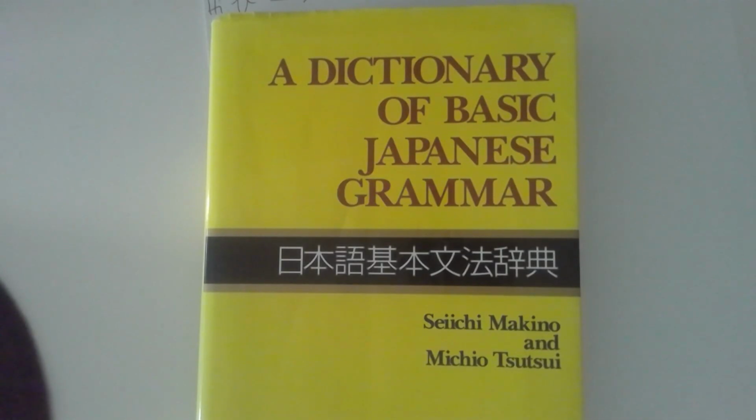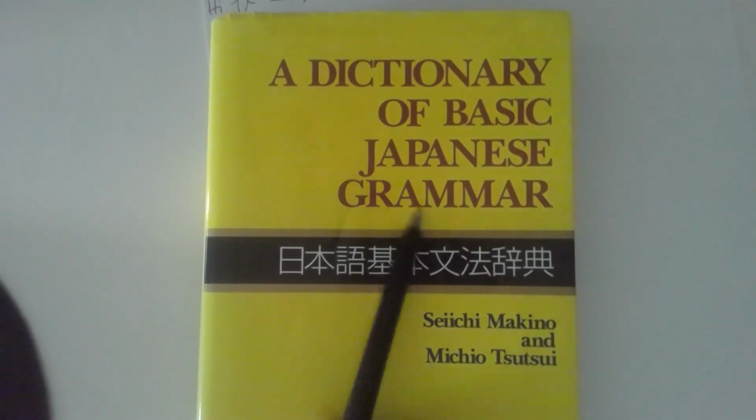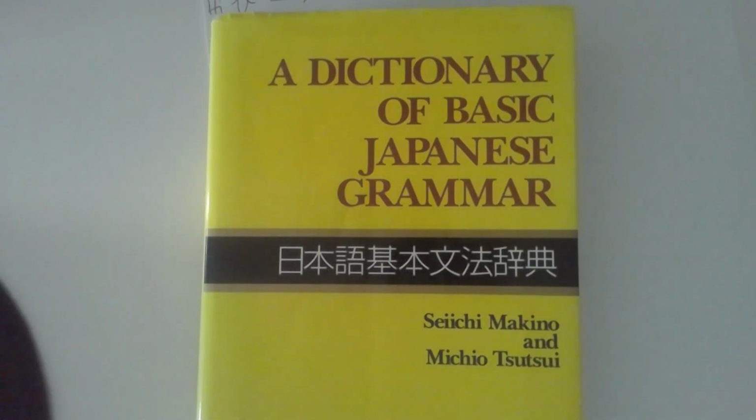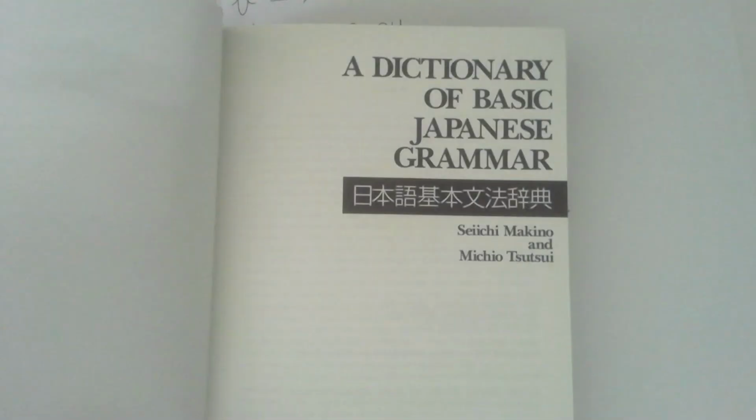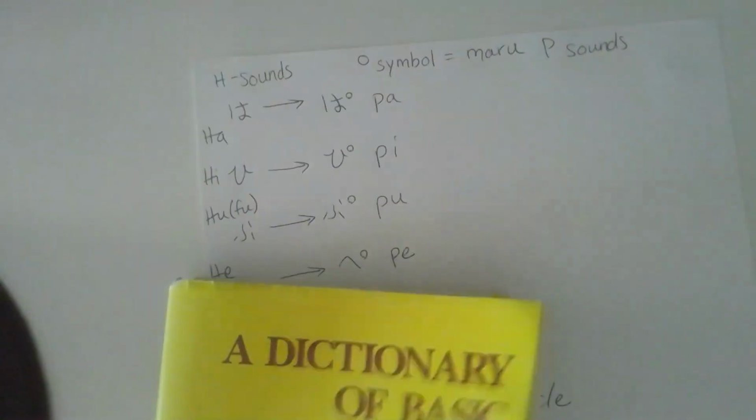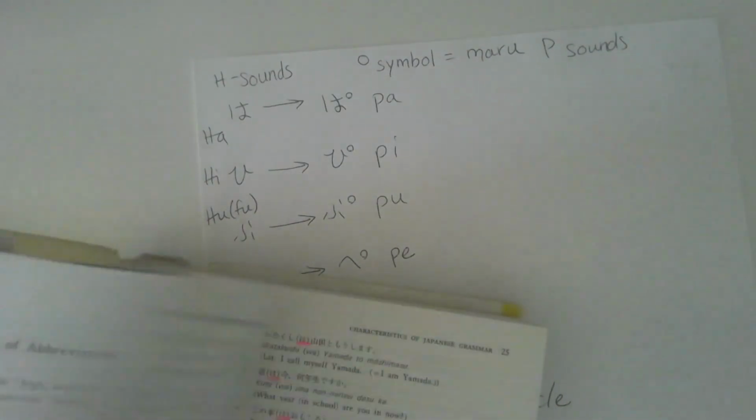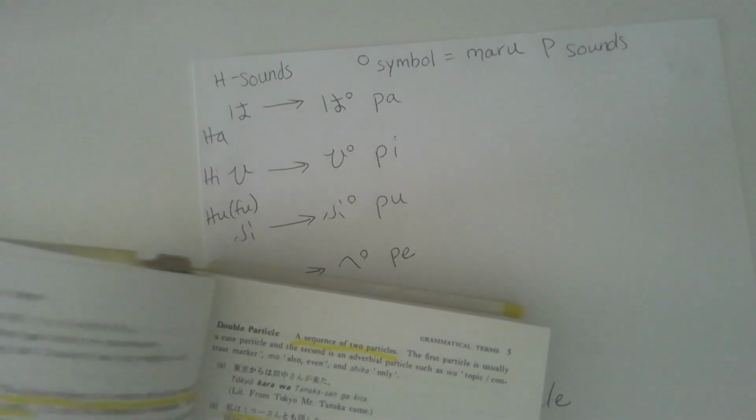I actually want to buy the second book, the advanced grammar, but anyway. I was reading about direct objects in here just to make sure I was explaining things right. But here it's interesting.